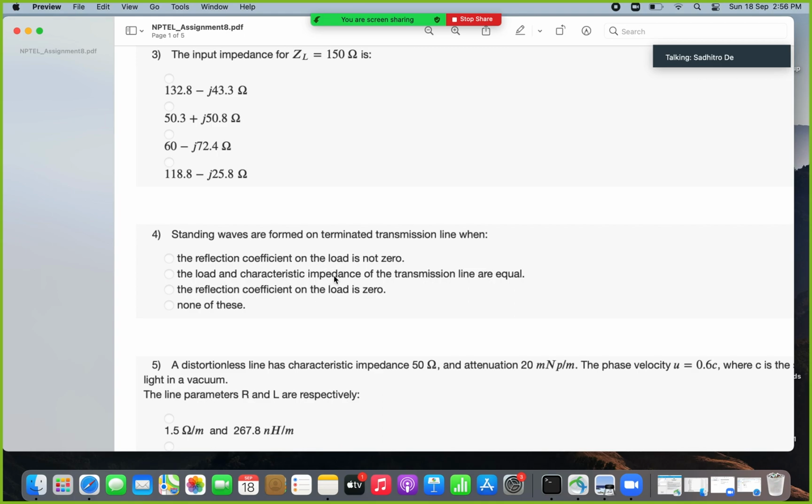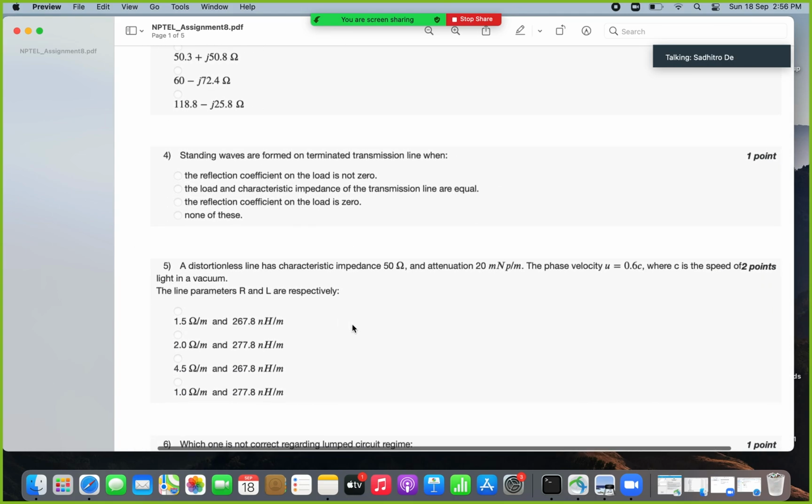So the correct option is the first one. Only when the impedances match, the reflection coefficient is zero and there is no reflection of any wave. Otherwise, there will be reflection of the incident wave and that can lead to formation of standing waves.